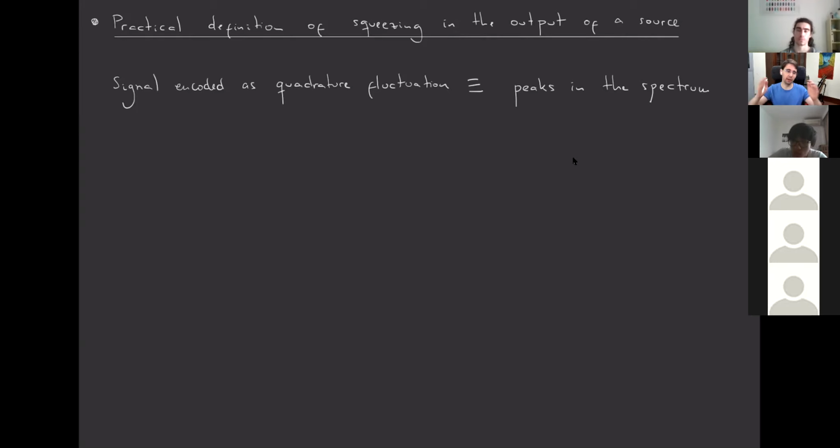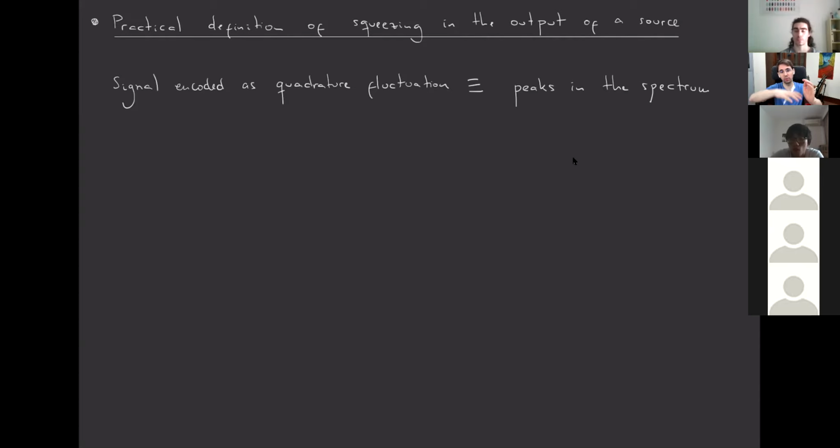In LIGO you have your interferometer, which is essentially a cavity, and the gravitational wave periodically changes the length of the cavity, which periodically changes the frequency, which at the end changes the quadrature properties.